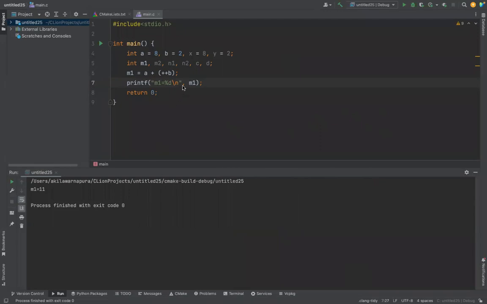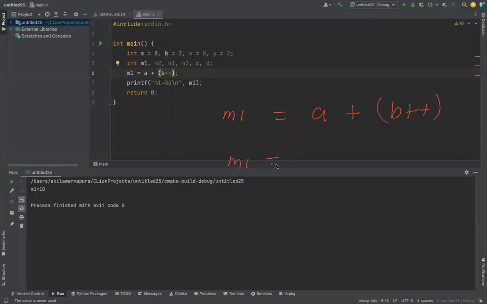The next value is B plus plus. If you use B plus plus, what happened? Again, the same equation. M1 equal A plus B plus plus.